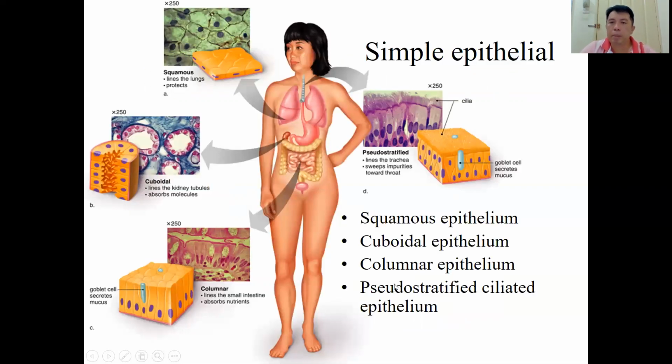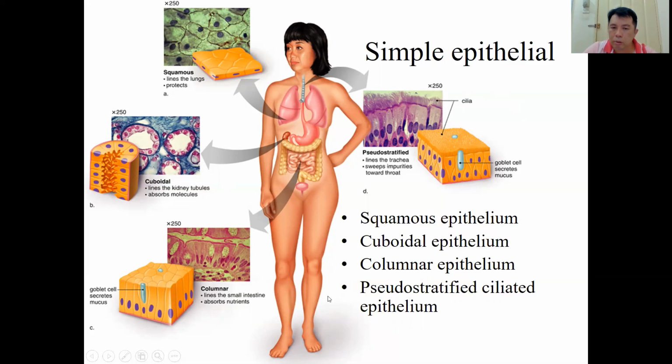Simple epithelium has only one layer. According to the shape, we can call it simple squamous epithelium, simple cuboidal epithelium, or simple columnar epithelium.